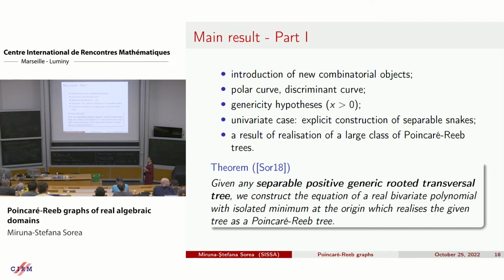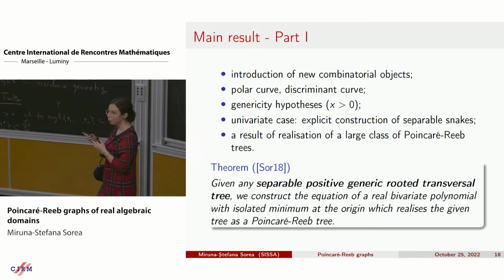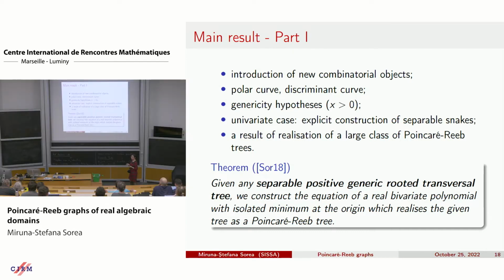So this is the main theorem in the first part of the talk, but before that, in order to understand this theorem more technically, I need to introduce some more notions, combinatorial objects, and we also have to pass by the univariate scenario first. So we will see a construction of prescribed shapes of polynomials in one variable that I will then use to prove the main realization theorem, which is the following.